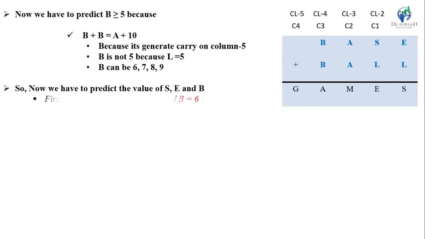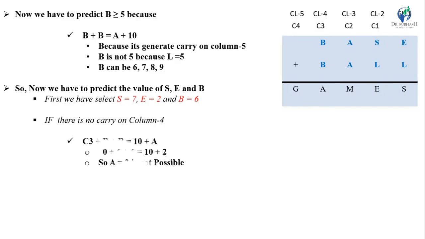First we select S is equal to 7, E is equal to 2 and B is equal to 6. So there are two possibilities, carry and no carry. We start with column 4. If there is no carry on column 4, then C3 plus B is equal to 10 plus A, so 0 plus 6 plus 6 is equal to 10 plus 2.